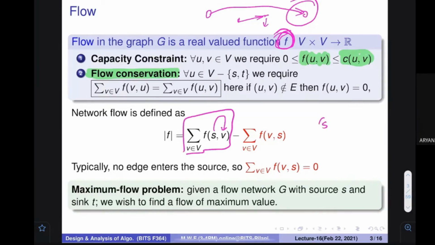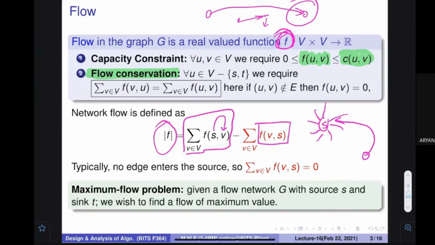If there are other vertices sending something back to S, we can also consider how much is being sent back to this source node, and that value we can subtract because it is receiving this. So the total net flow is the summation of these two quantities. However, we know that nobody else is sending anything to S, so this quantity is actually 0. So essentially, how much is being sent by the source is the flow.